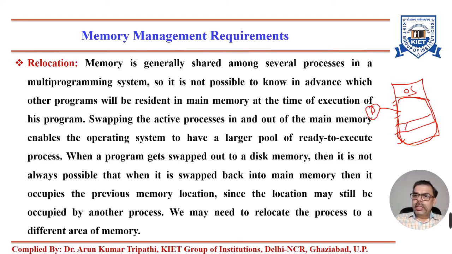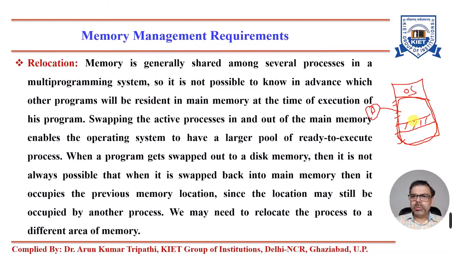Suppose the movie resides at this location. I have seen half of the movie. Due to some work, I have left the movie in between and closed it. Then after a certain interval of time, I want to restart the movie. So I will bring it from secondary memory to the primary memory once again.